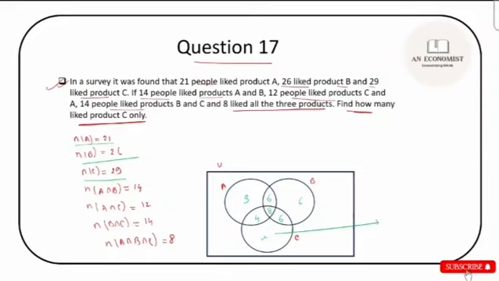Total NC is 29 minus the intersection portions. So this is 29 minus 18, and this will be 11. So our required answer is 11.